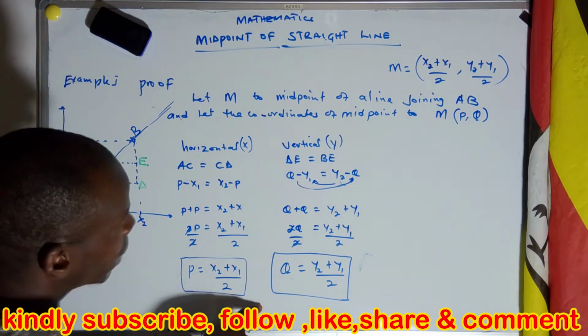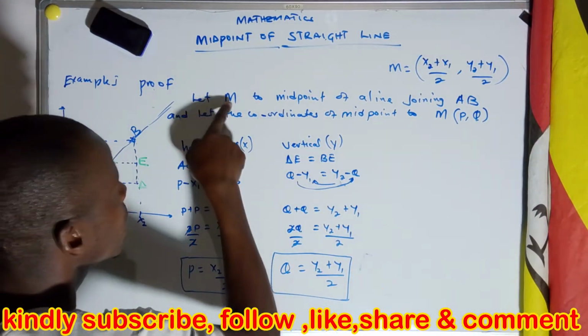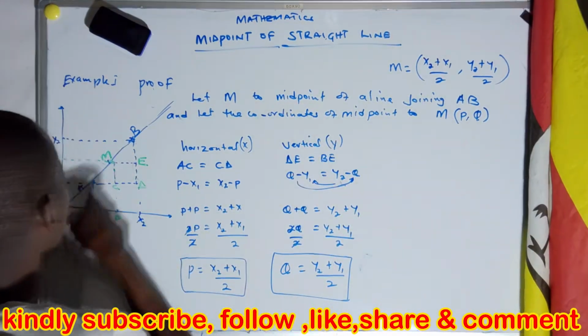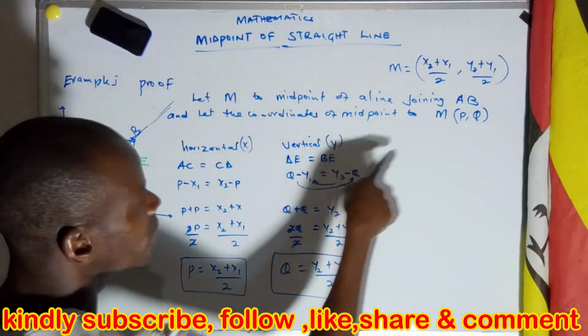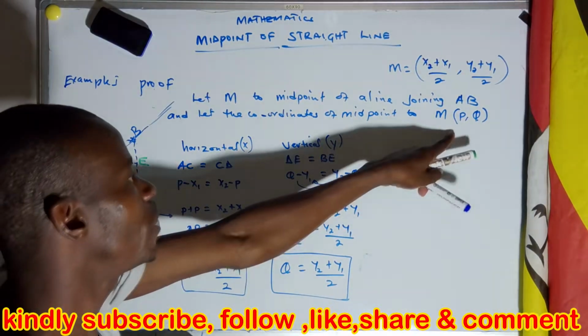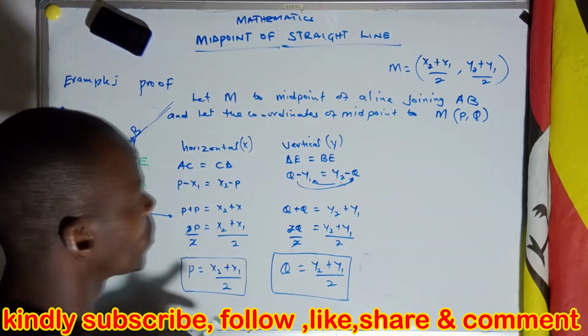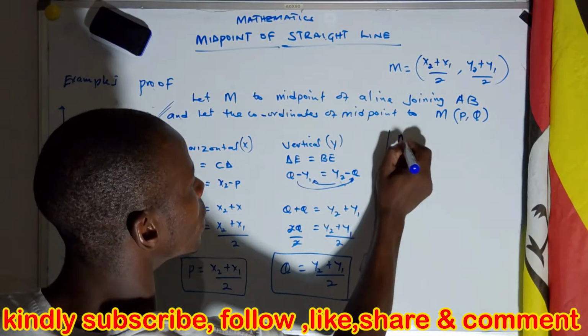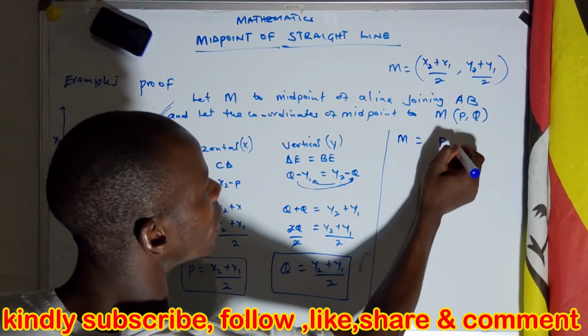We're going back to our statement here where I said let M represent the midpoint of a line joining AB, and coordinates PQ to represent the midpoint. So PQ is the midpoint M. So we come here and we put our M midpoint is PQ.